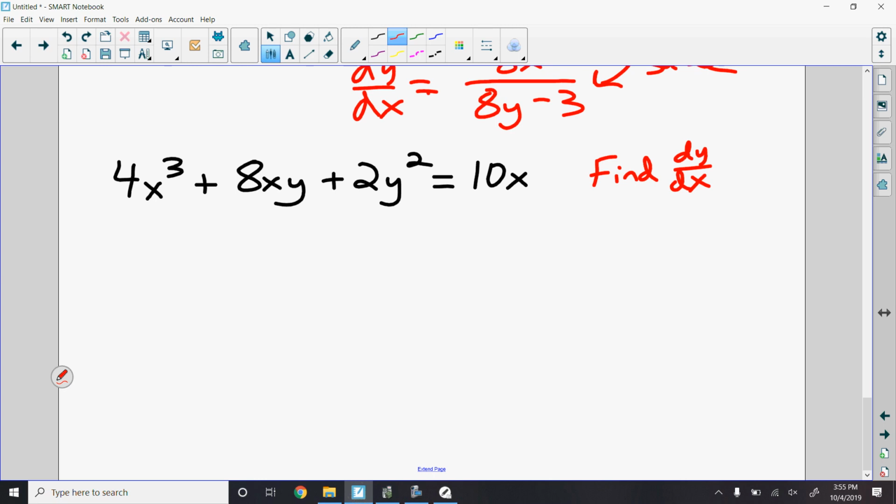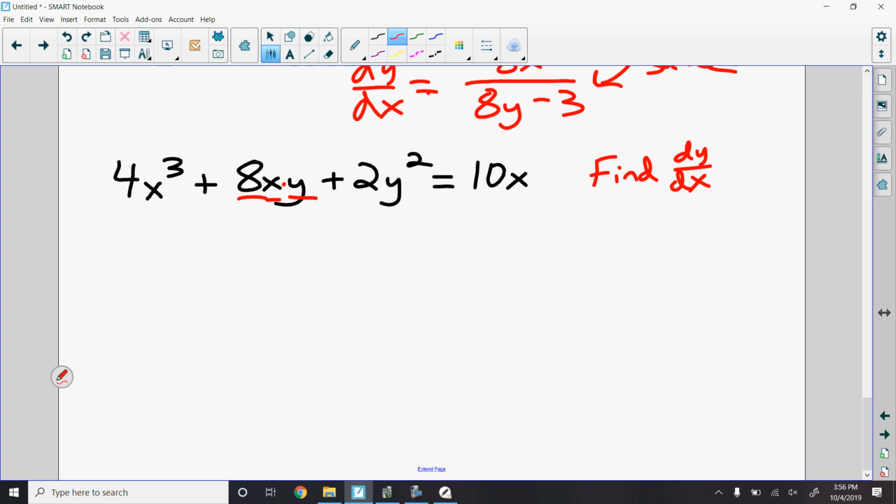Okay, so when we take a look at this equation here, we have 4x cubed plus 8xy plus 2y squared equals 10x. Now, the only thing that looks a little bit different is that 8xy. What you need to be able to do is recognize that 8xy as a product of two functions, right? There's no times sign that's visible, but it's implied that this is 8x times y.